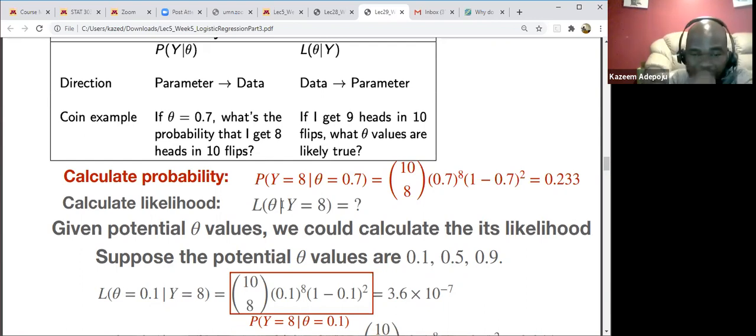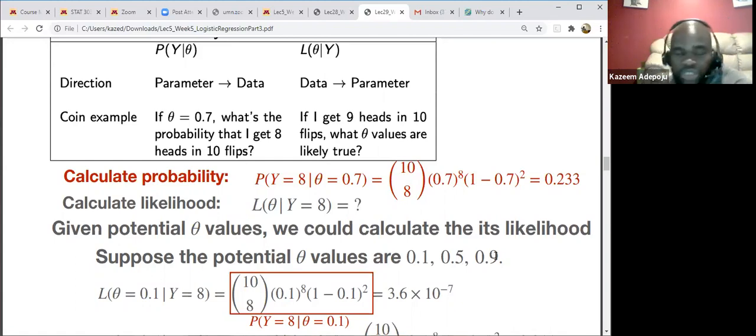Now, if I want to do that, I'm going to consider some values of the parameter. That was why I said, given potential theta values, we could calculate their likelihood. Suppose the potential theta values are 0.1, 0.5, and 0.9.